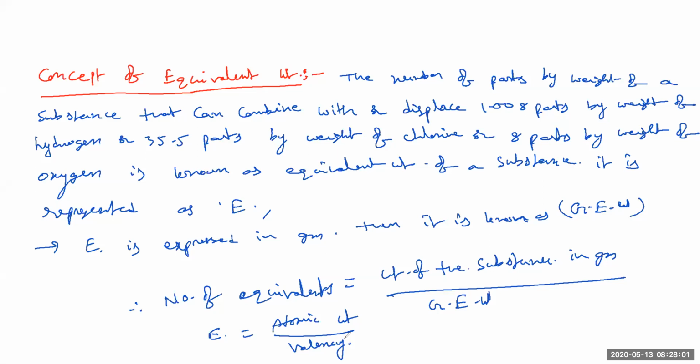So, is the equivalent weight definition understood? That means 1 part is 1 gram of hydrogen, or 35.5 grams of chlorine, or 8 grams of oxygen, based on valency only. The n factor is not fixed for all elements. It is based on valency, and valency is different for different atoms, right?